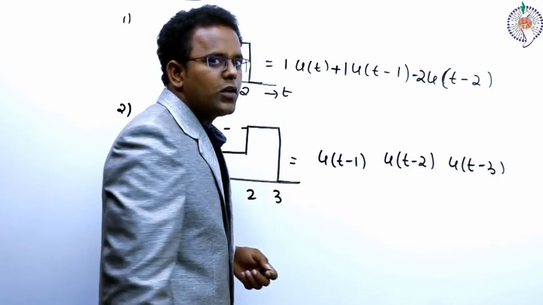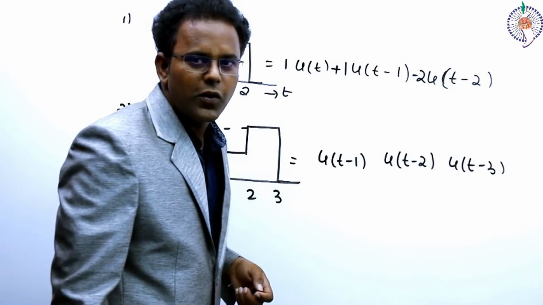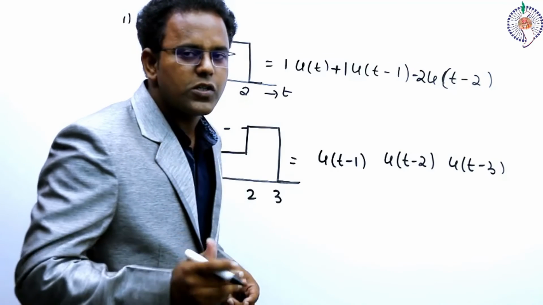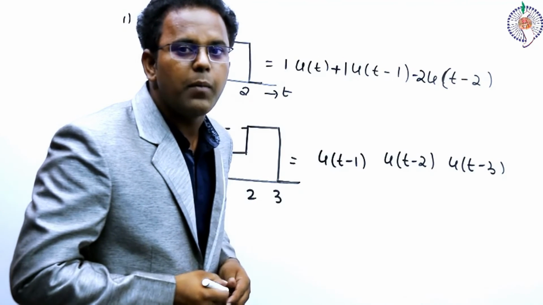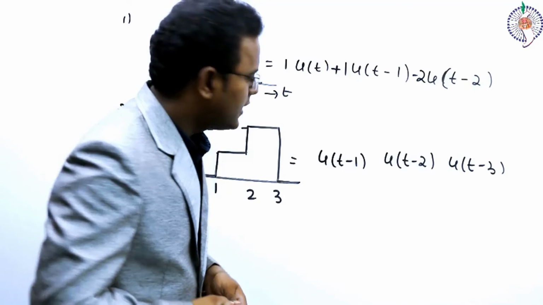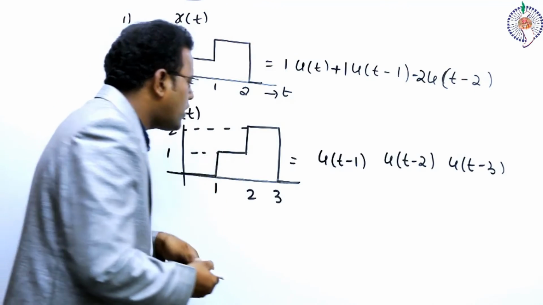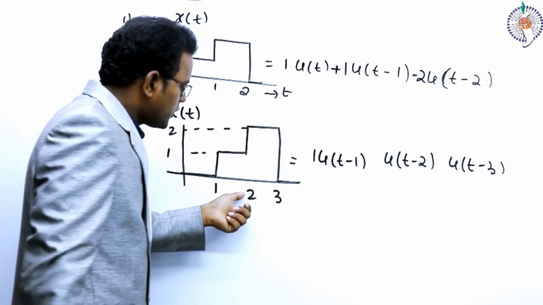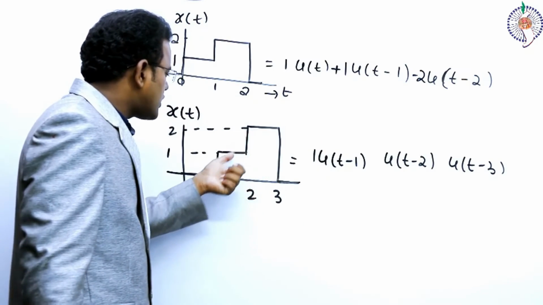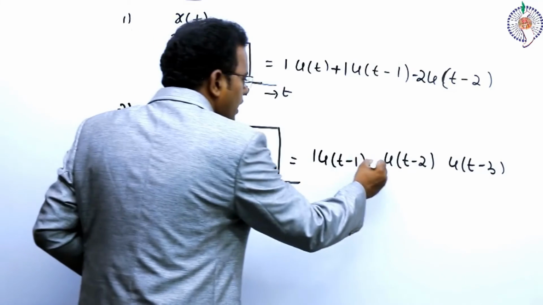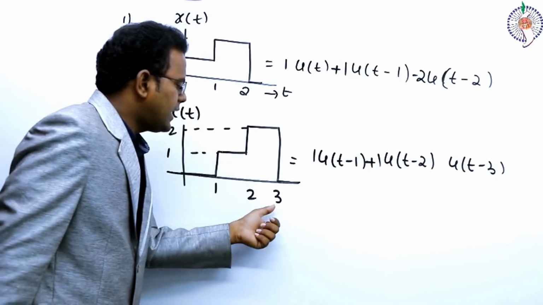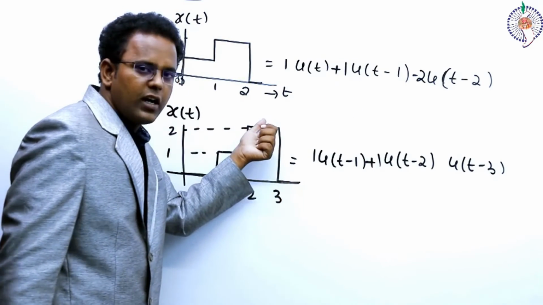After that, what did I tell you? Write the coefficients. Coefficients are nothing but the amount of change. Change means final minus initial. 1 minus 0, 1. At 2, final minus initial, 2 minus 1, 1, which means plus 1. At 3, final minus initial.